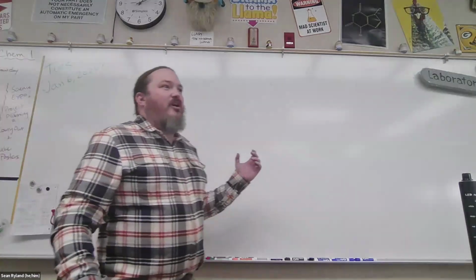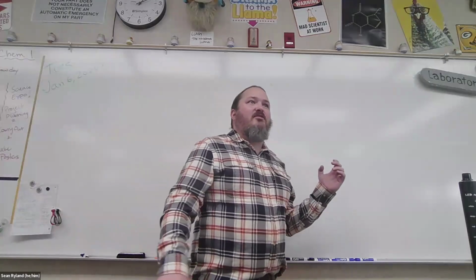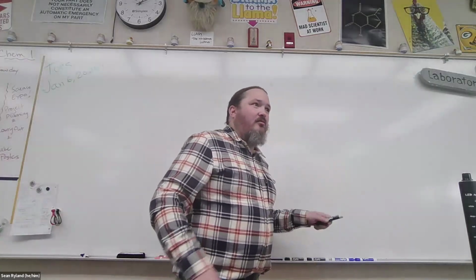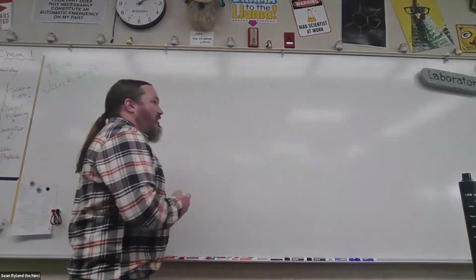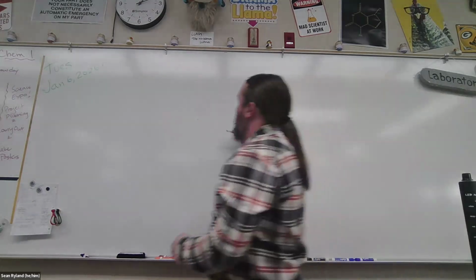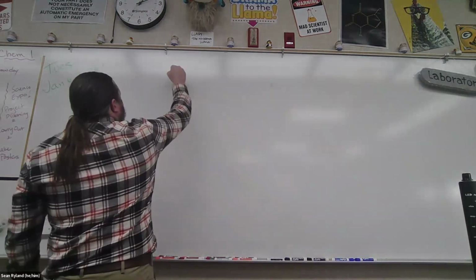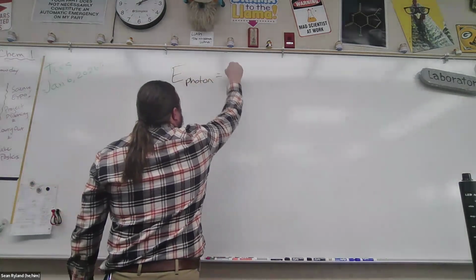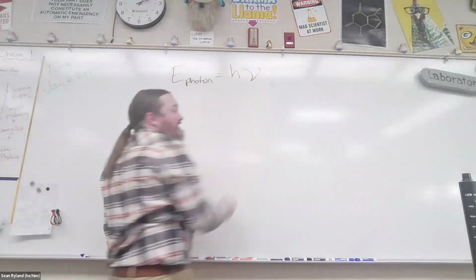Because what's another form of radiation that we've dealt with in this class already? It's back before I got here, when you first did quantum and you were talking about graphs that looked like this. What is this number, or what does this value mean? Anybody remember? H nu. Energy of a photon is equal to a constant times that number.